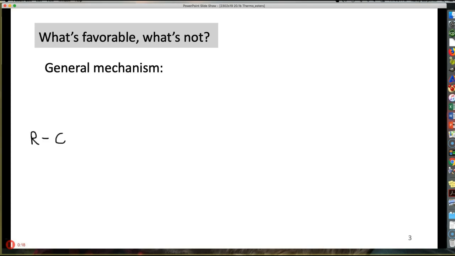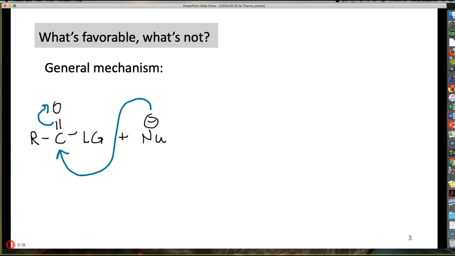So what we know about the general mechanism for chapter 20 and actually 21 is that for these carboxylic acid derivatives, they have a leaving group attached to the carbonyl carbon, and so when a nucleophile attacks, and it could be negatively charged or it could be neutral, I'm using a negatively charged one in this example, we invariably get a tetrahedral intermediate.